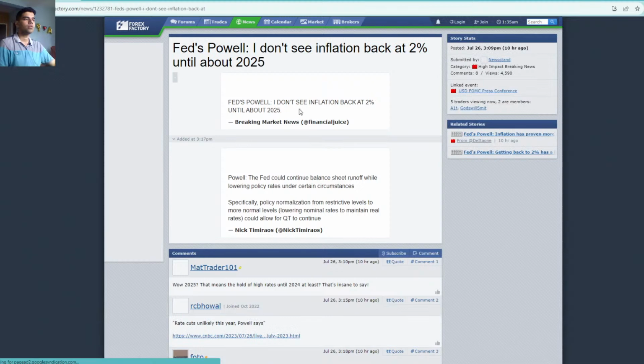The Fed could continue balance sheet runoff while lowering policy rates under certain circumstances. Specifically, policy normalization from restrictive levels to more normal levels, lowering nominal rates to maintain real rates could allow for QT to continue. Okay guys, that's great. Yeah, so there is the rate hikes.